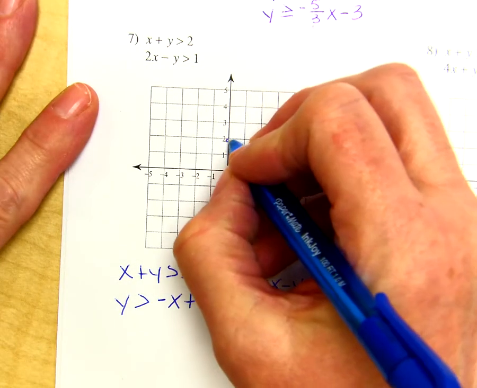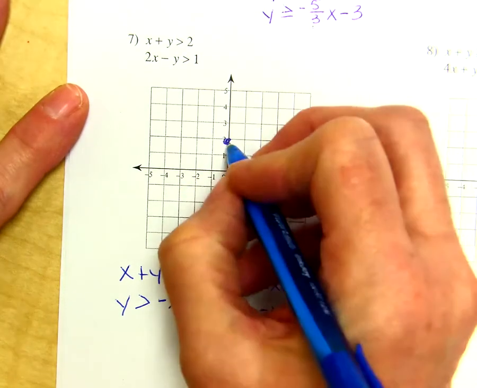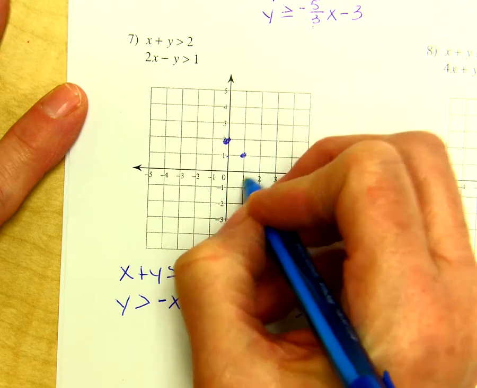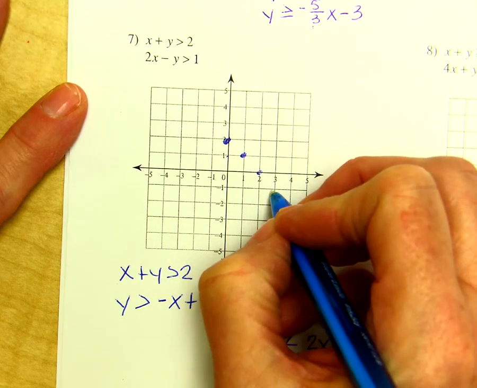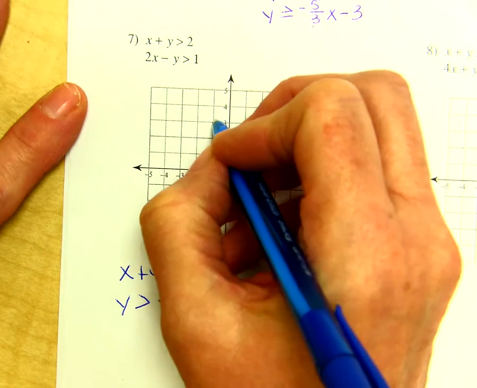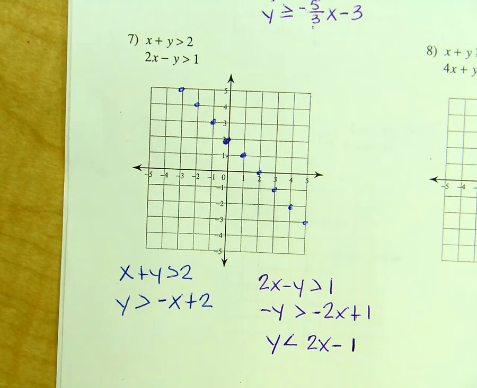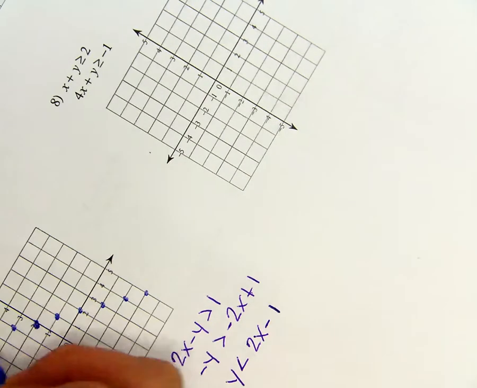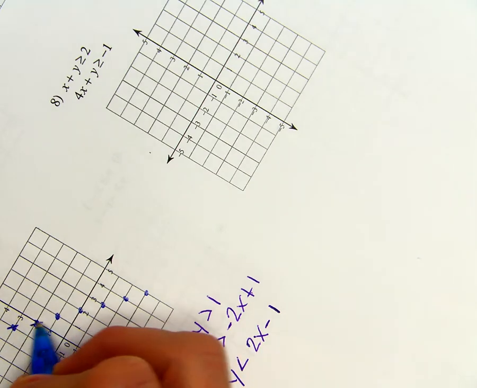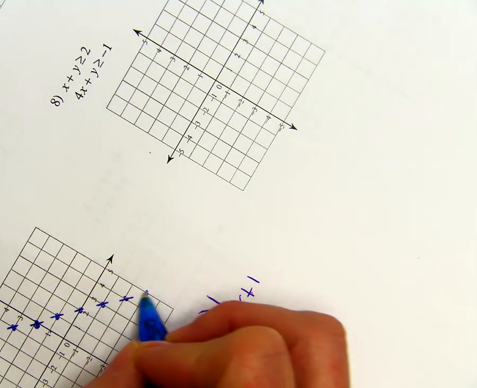We go to our y-intercept of positive 2. We have a slope of negative 1. So if I go down, I go to the right. And if I go up, I go to the left. So now we've graphed points, and we are going to have a dashed line here. So for me, the easiest thing to do is just put a little dash in the points that I graphed, especially these being close enough together.